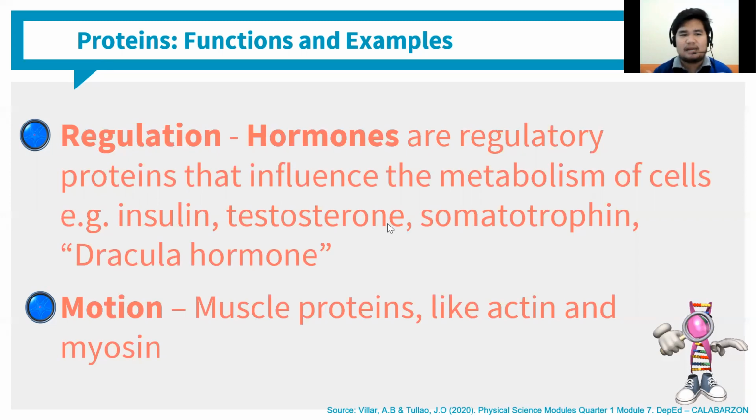Yun yung tinatawag na melatonin or Dracula hormone. Dracula hormone kasi nagre-release siya kapag medyo madilim ang paligid, no? Kapag nagsisimula naman dumilim ang paligid, nagkakaroon na ng release of melatonin. Kapag may ilaw naman or nagsisimula ng lumiwanag, nagkakaroon na ng inhibition of the production of melatonin.